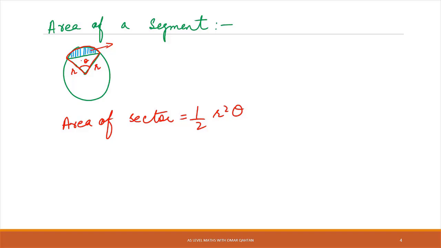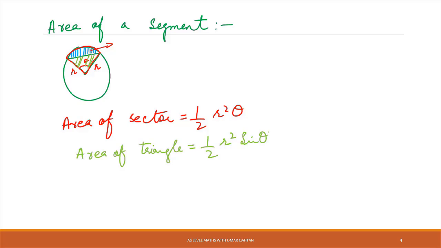And we need another thing over here, that is this triangle. The area of this triangle would be half R squared sine of theta.